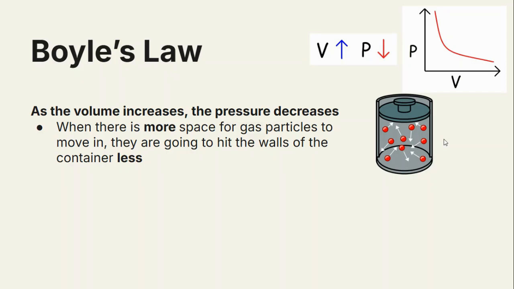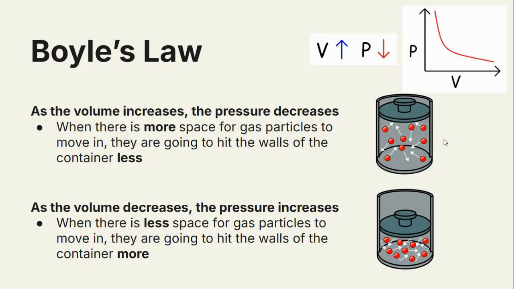And we know that the pressure of a gas is measured by the amount of particles hitting the walls of the container. So as you increase the volume, you will have fewer particles hitting the sides of the container, therefore the pressure will go down.